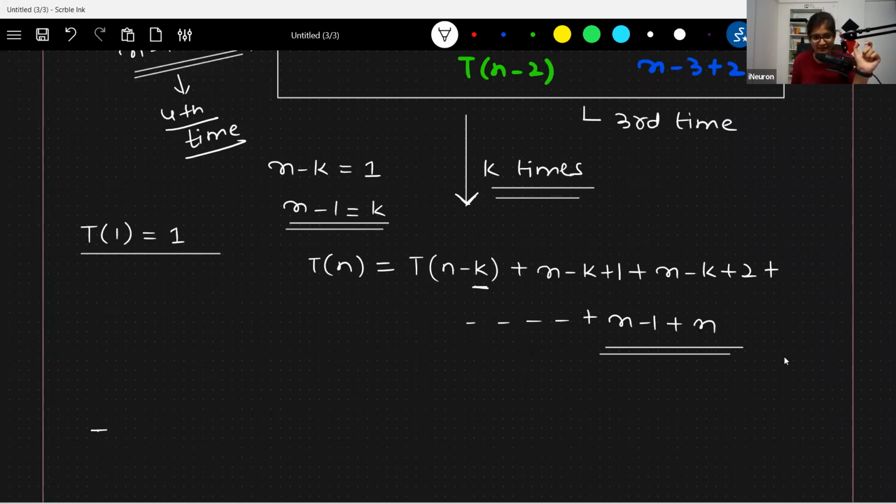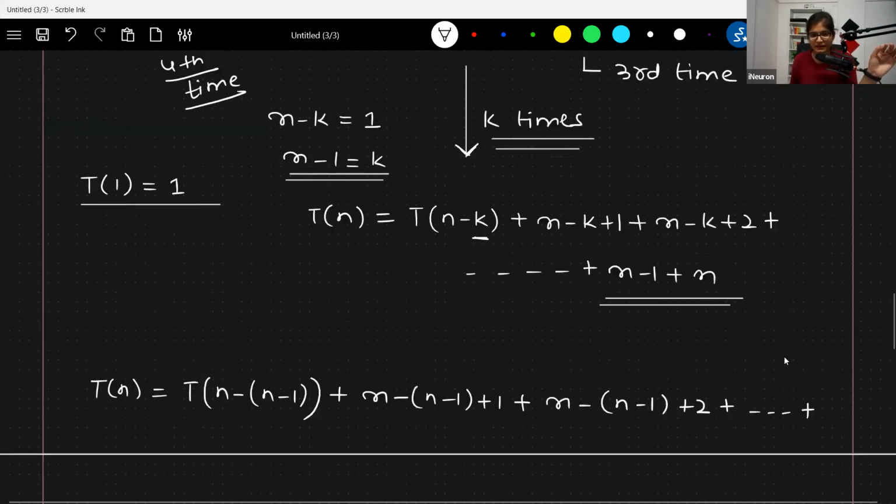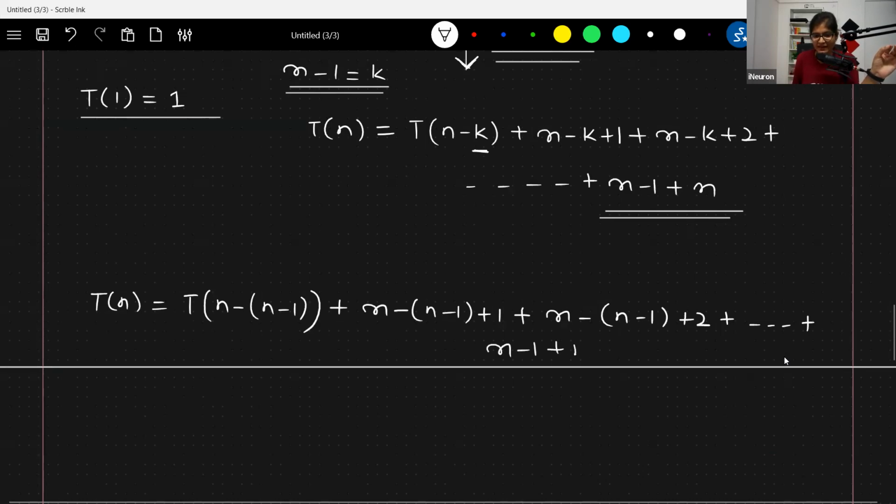T of n equals T of n minus k, with k as n minus 1. So n minus k plus 1 becomes n minus 1 plus 1, plus n minus 1 plus 2, and so on, plus n minus 1 plus n. Fine.